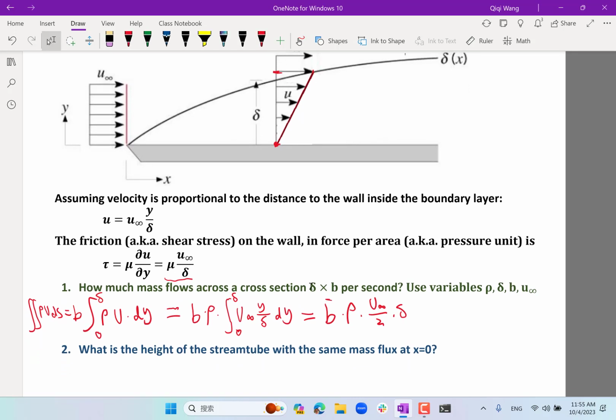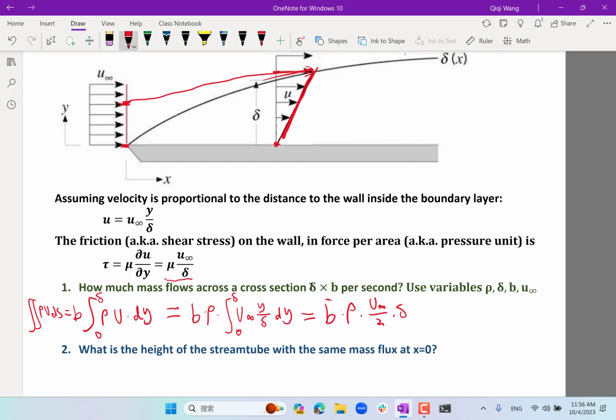Okay, now the question is, what is the height of the stream tube with the same mass flux at x equal to 0? Because all of this mass flux has to come from somewhere, right? So if I draw a stream tube, what is the height of the stream tube at x equal to 0 before the boundary layer forms? Again, what do you mean by stream tube?